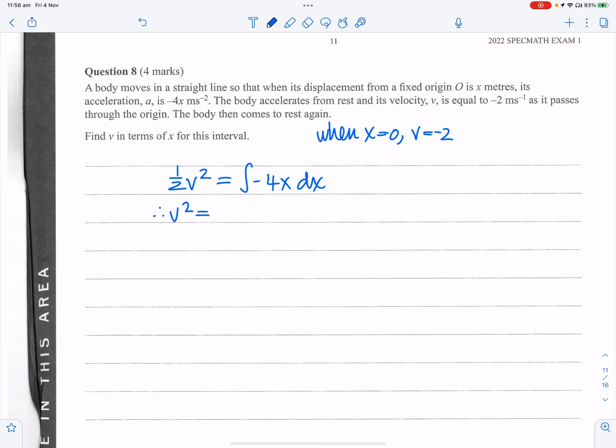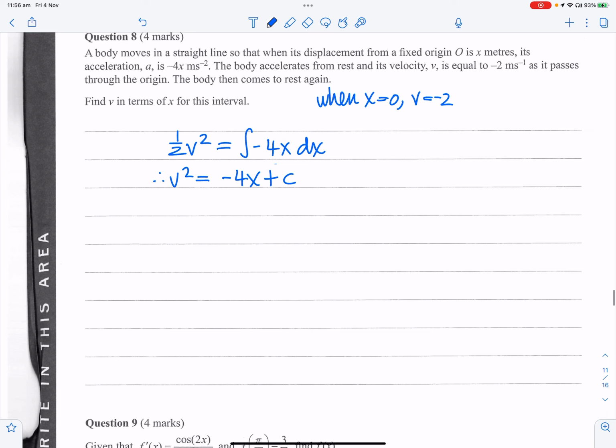Therefore, v squared is equal to 2 times negative 2x plus c. So negative 4x plus c. We know when x equals 0, v is equal to negative 2. So let's put that into there. c is equal to 4.